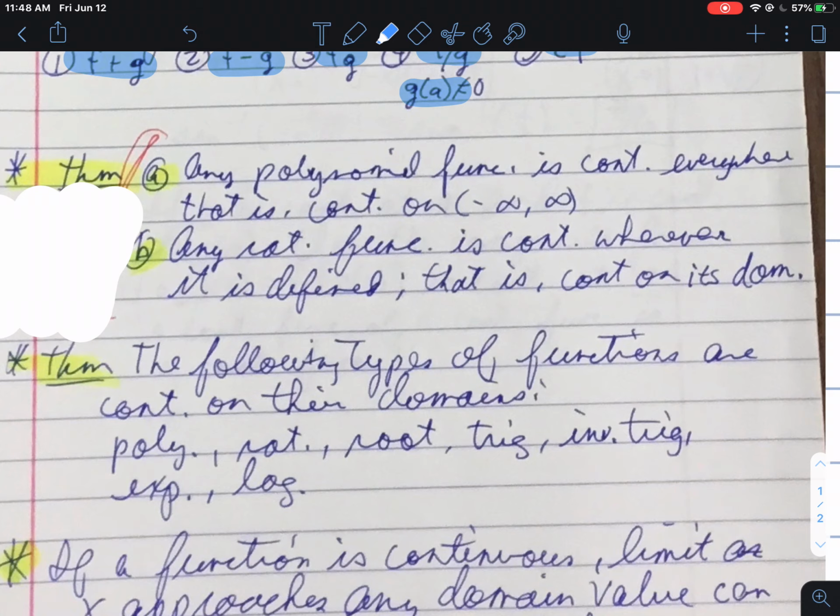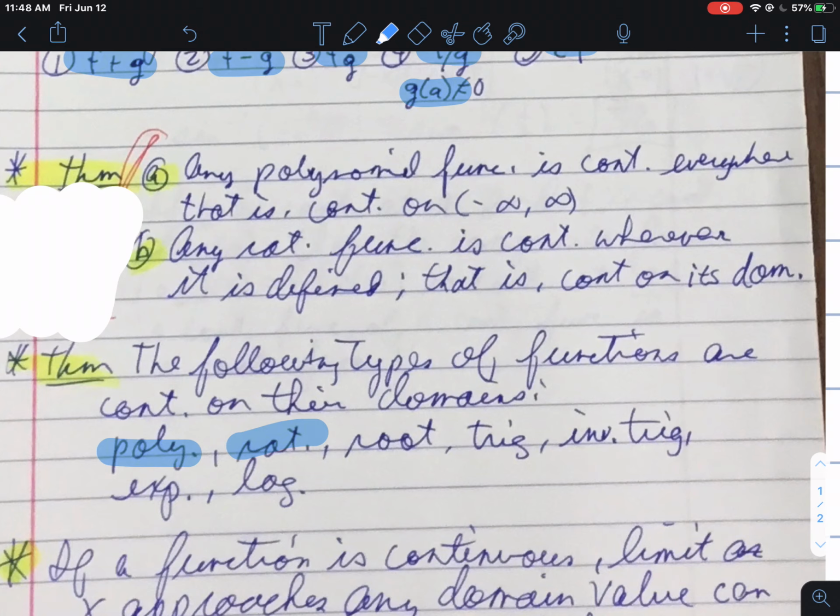This is a more specific description: whatever the domain of the function is, it's going to be continuous over its domain, and so it's only going to be discontinuous at values that are not in its domain. This theorem is true for polynomial functions, as we just mentioned, and for rational functions, as we just mentioned.